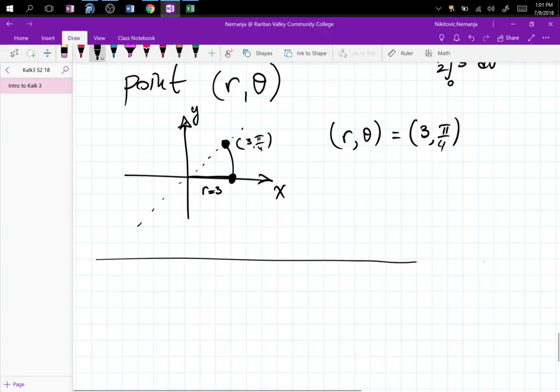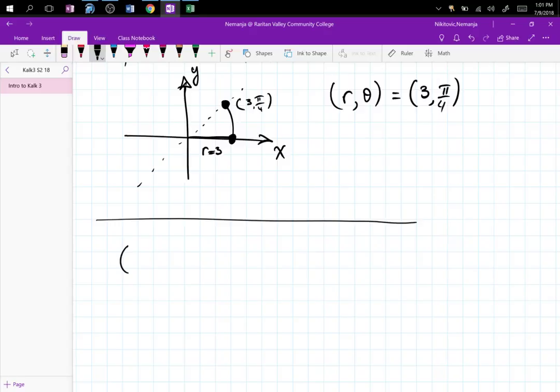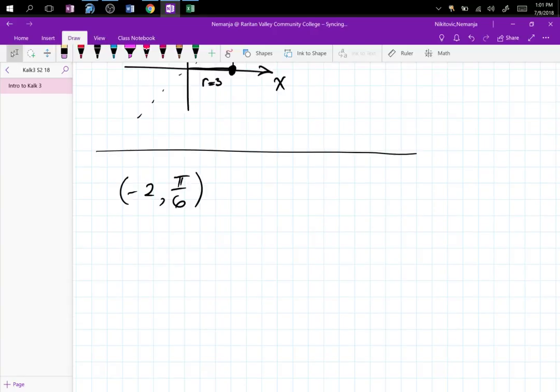Now, say you need to graph (negative 2, pi over 6). Well, that can be done also easily, because negative 2 is right here, and then you go pi over 6.